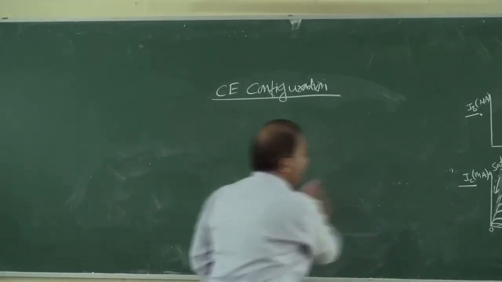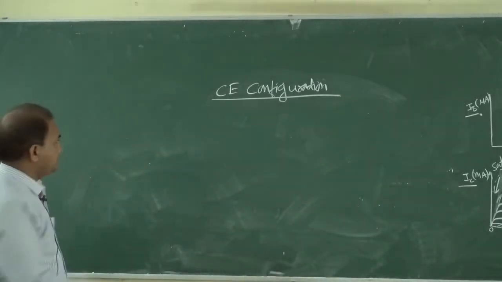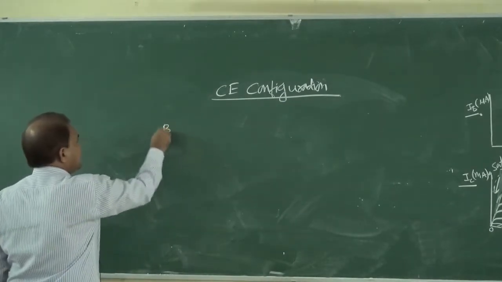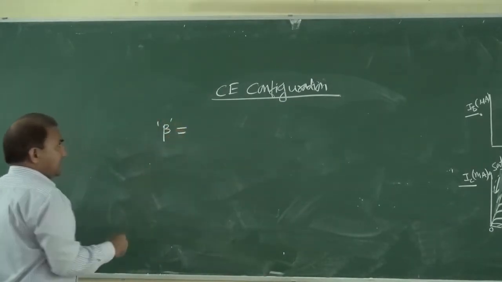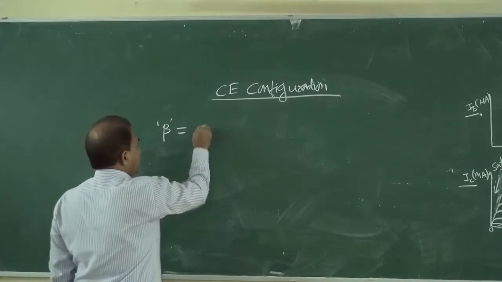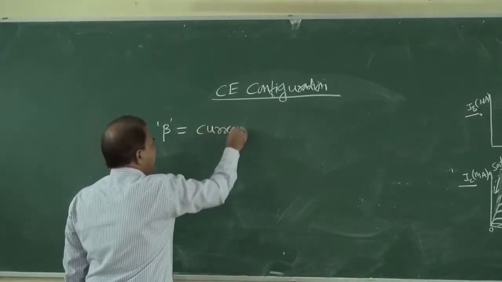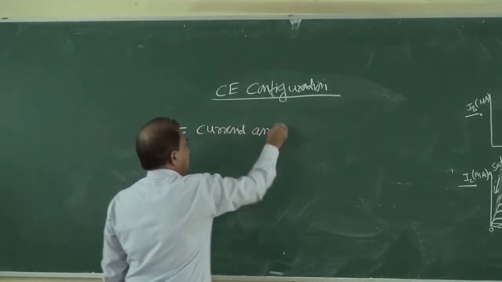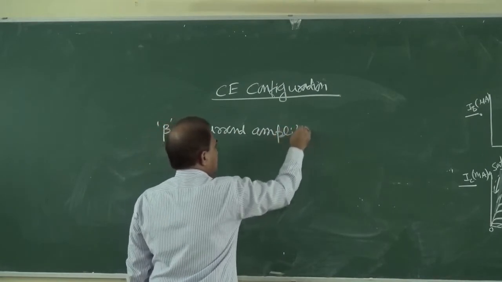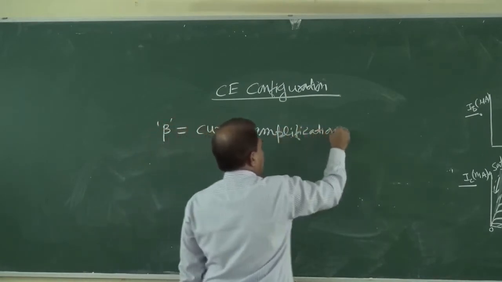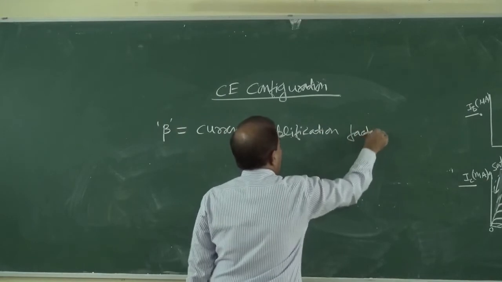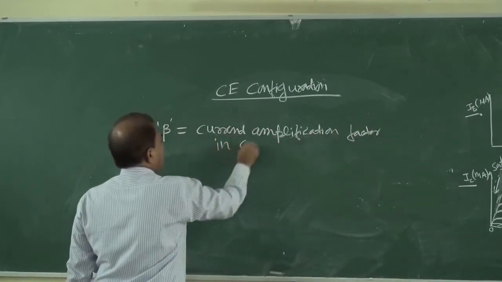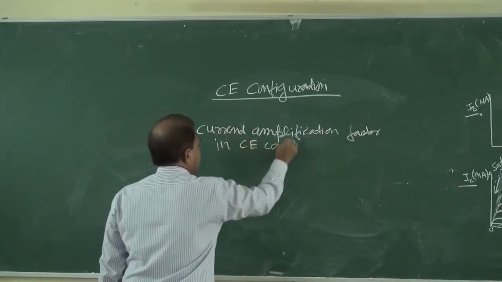Then we will study beta. What is beta? Beta is the current amplification factor in common emitter configuration.